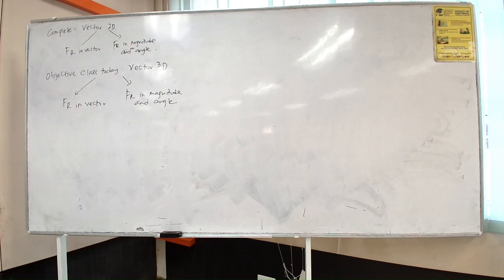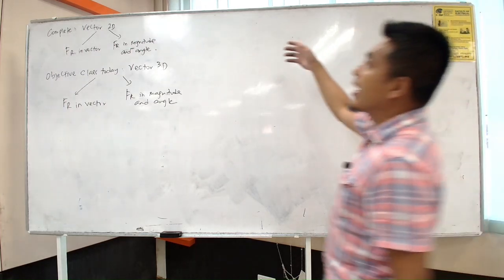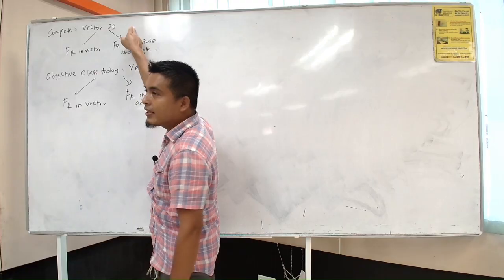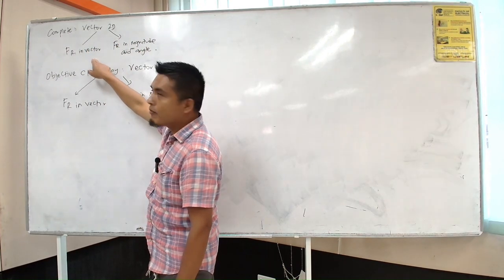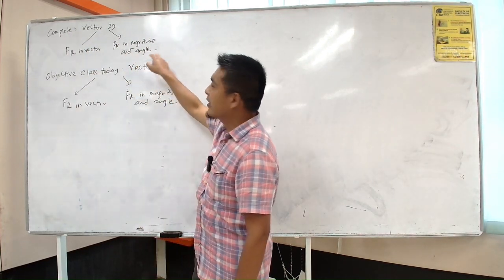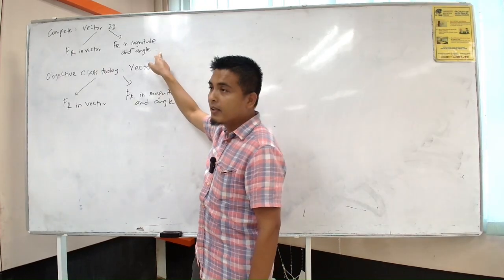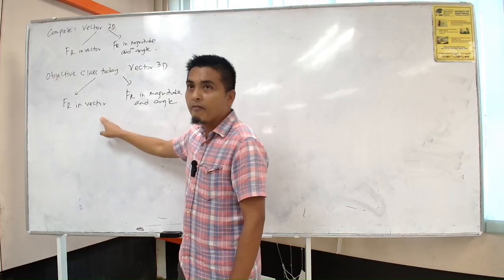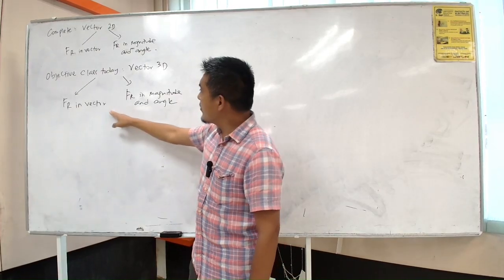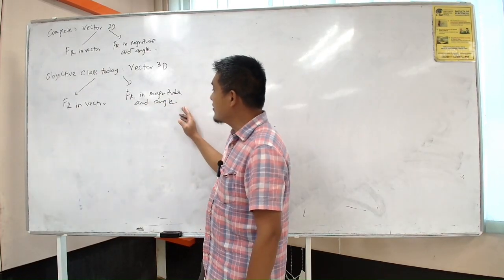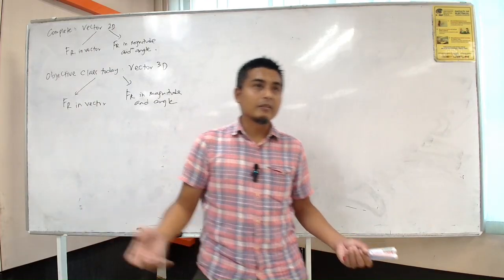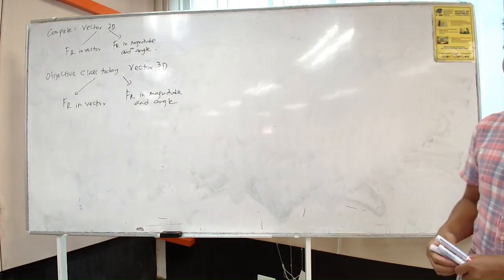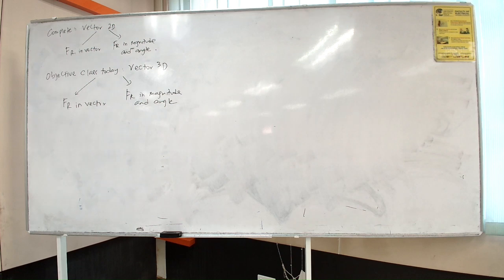Because you already know that, you learn about vector 2D, you need to find FR in vector, you need to find FR in magnitude and angle. Similar with the 3D, this is your objective. You want to find FR in vector, you want to find the FR in magnitude and angle. Same thing. So, I will give you an example.